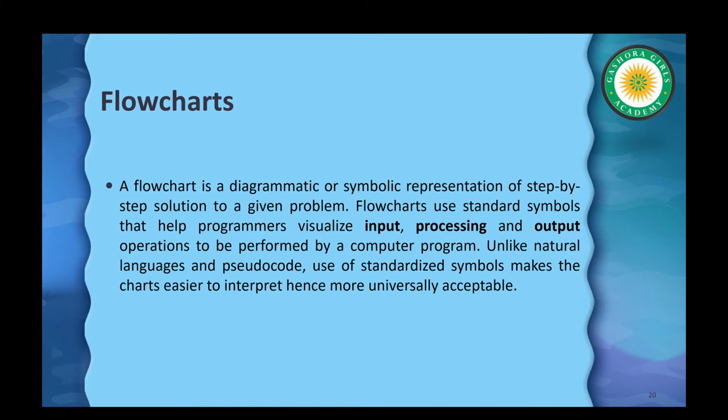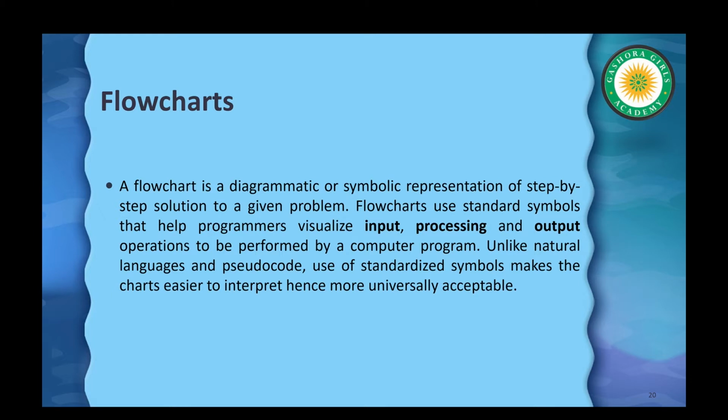a symbolic representation. Flowcharts use standard symbols that help programmers visualize input, processing, and output operations to be performed by a computer program. Unlike natural languages and pseudocode, the use of standardized symbols makes the chart easier to interpret, hence more universally acceptable.